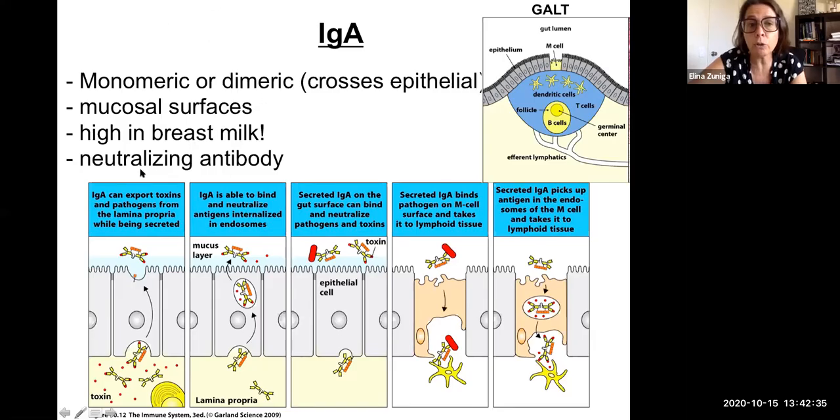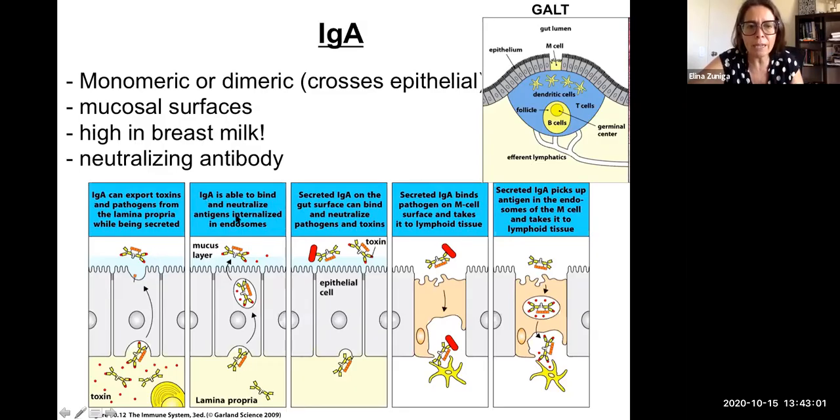And IgA is also very good at neutralizing antigens. IgA can export toxins and pathogens from the lamina propria. So this here is the epithelium in the mucosa. It can export toxins from the lamina propria underneath the epithelium into the lumen, so we get rid of these toxins.